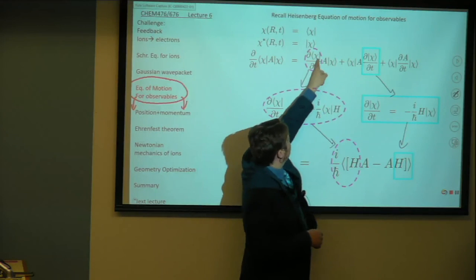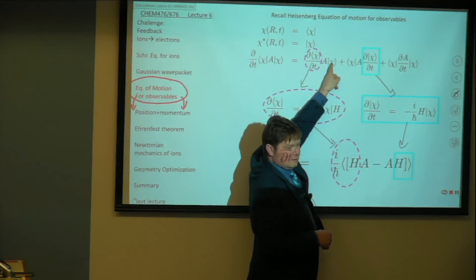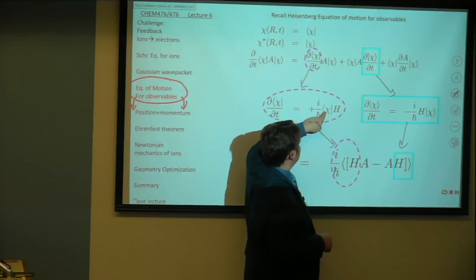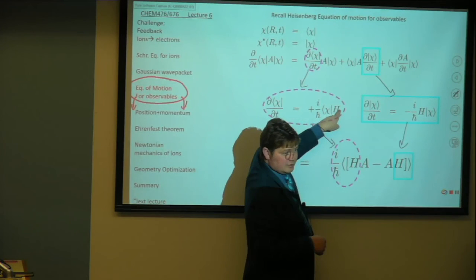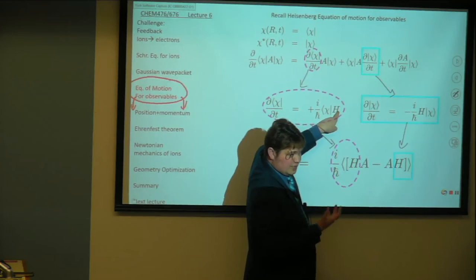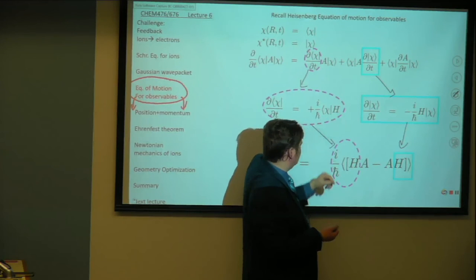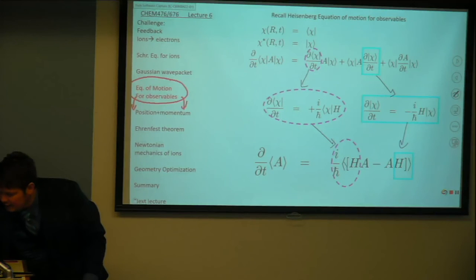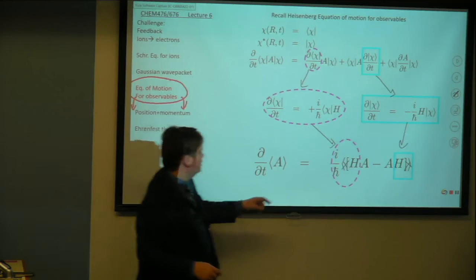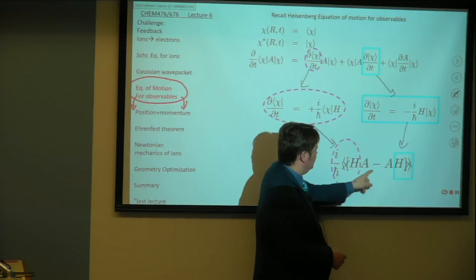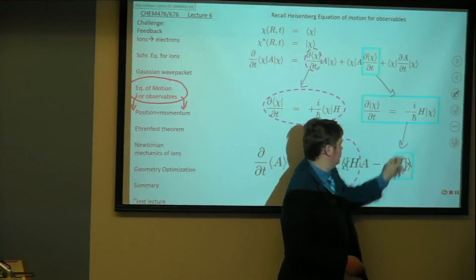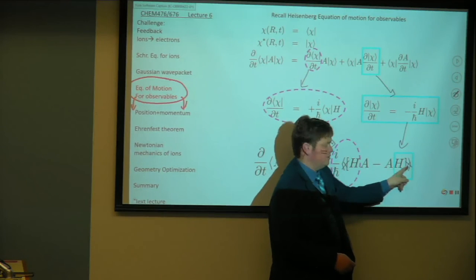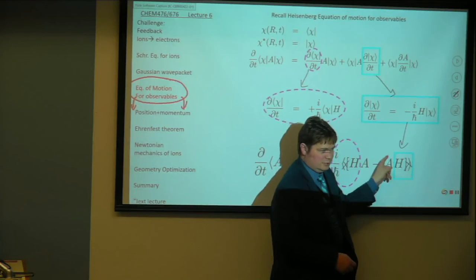So here we have bra, A, ket. Here we accumulate this factor, sign, and also Hamiltonian. We just get it from Schroedinger equation. Therefore here we get chi H A chi, and here because of the swap you get chi A H chi. Just plug in.